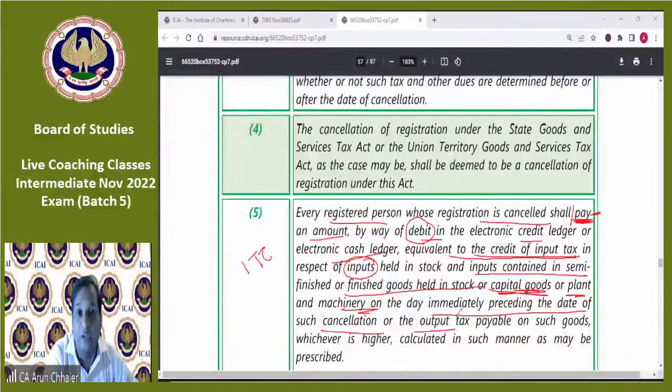Suppose a set is being used for 4 years, 6 months, 5 days. We have to reverse the ITC, or pay the ITC, of the remaining 5 months. The remaining period is counted in full, completed months, not in part.